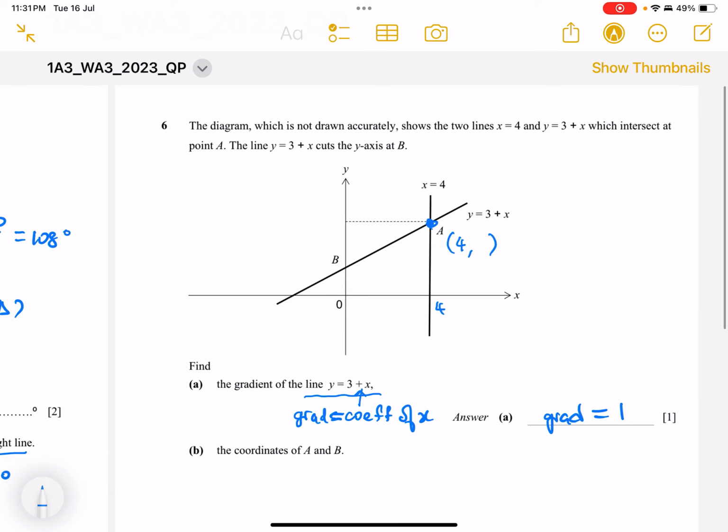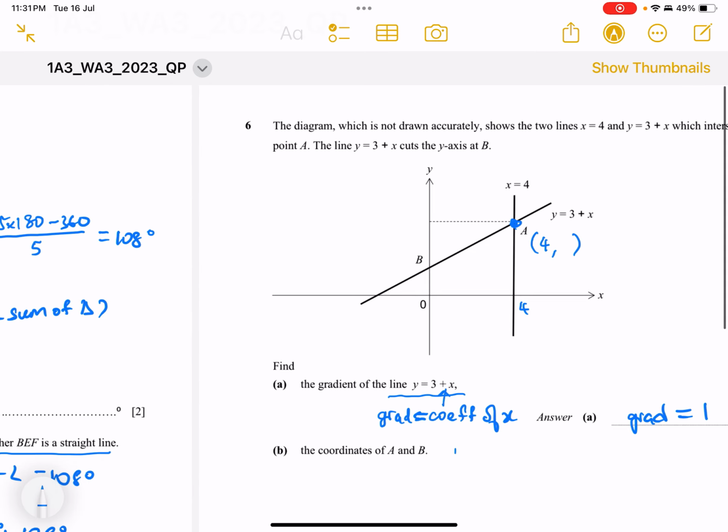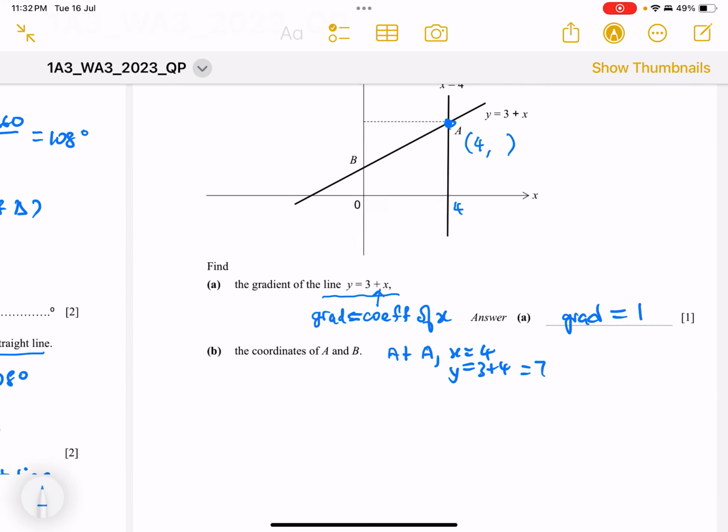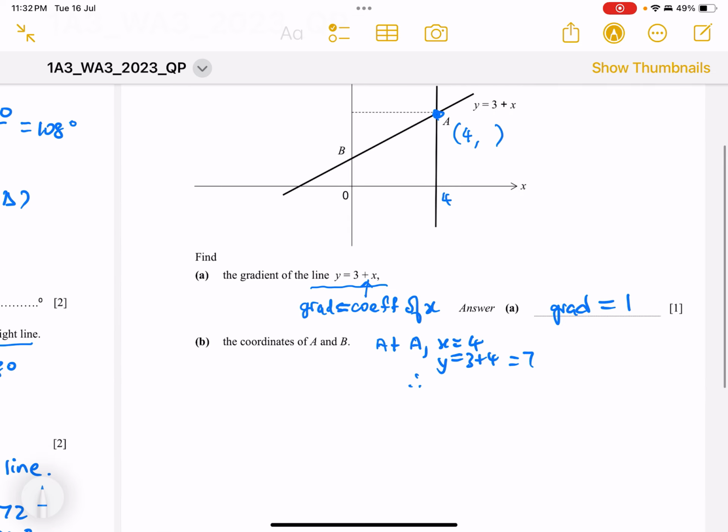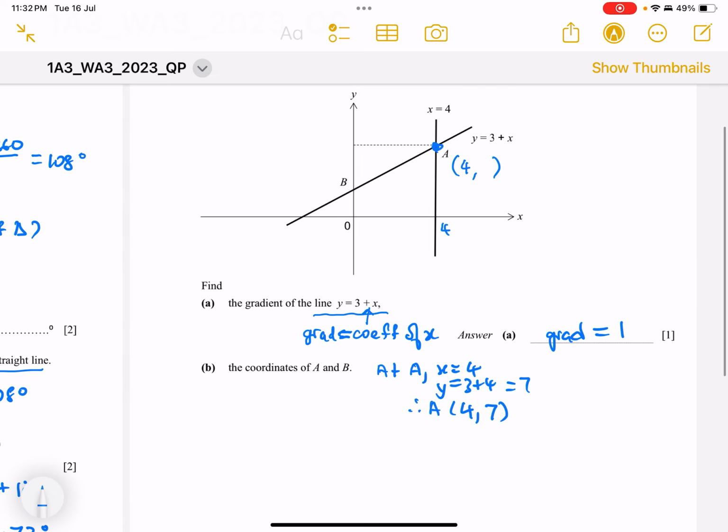So at A, x is 4, therefore y is 3 plus 4, which is 7. Therefore, the A coordinate is 4, 7.